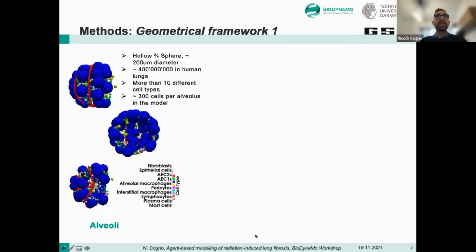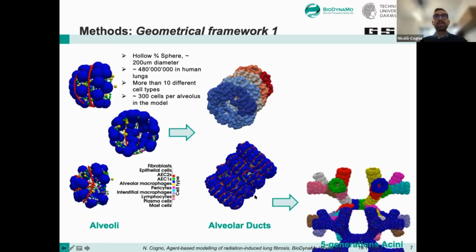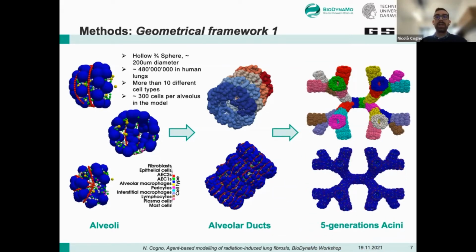And very briefly, the airways of the lungs can be distinguished between conducting, which are the ones that transport the oxygen from the outside into the lungs, and the acinar airways, which are the places where the actual gas-blood exchange happens. So the functional unit of the acinar airways is the acinus, which is made up of cylindrical structures, these alveolar ducts, and they are arranged in a tree-like fashion and covered with alveoli, where, as I said before, the alveolar epithelial cells of type 2 reside, which are the main targets of the radiation.